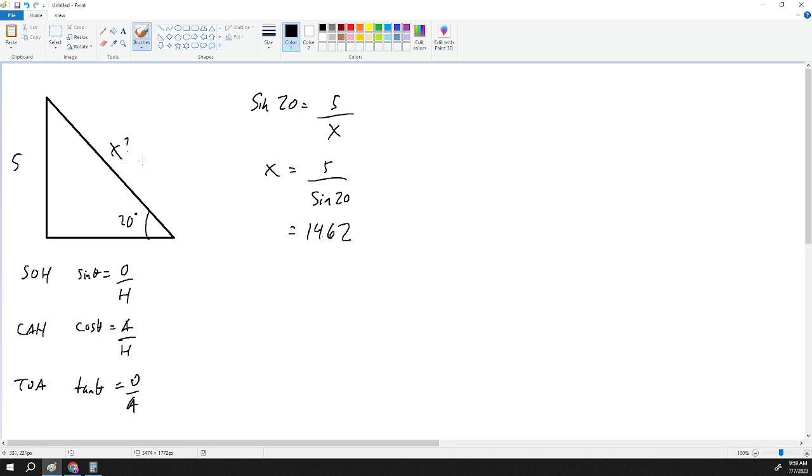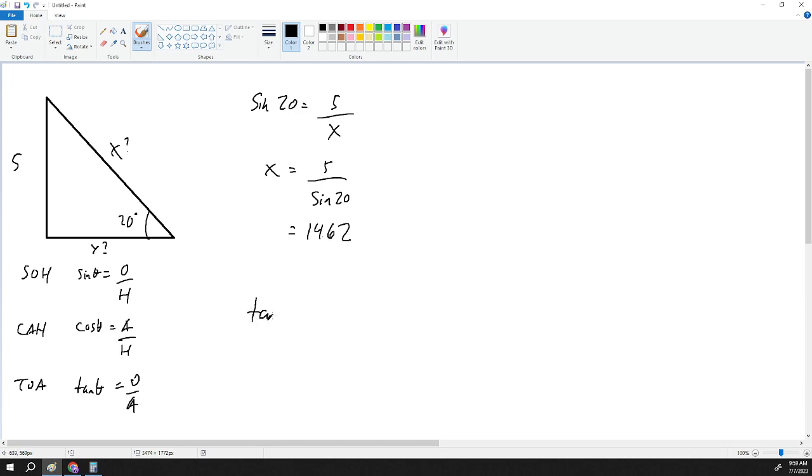That is our x. How about y? What is our y? What do we use here? Sine, cosine, tangent? Given an angle of 20 degrees, tangent, tama. Because we have an opposite, we are looking for our adjacent. So we use TOA or tangent.